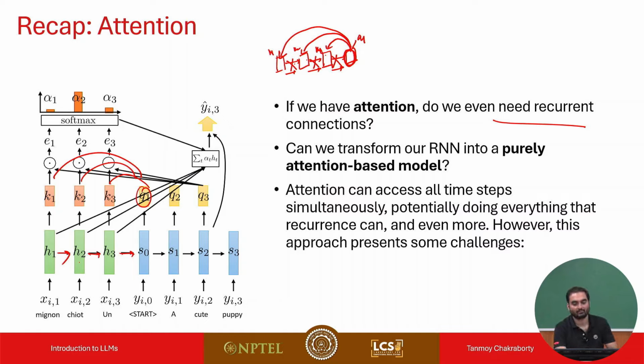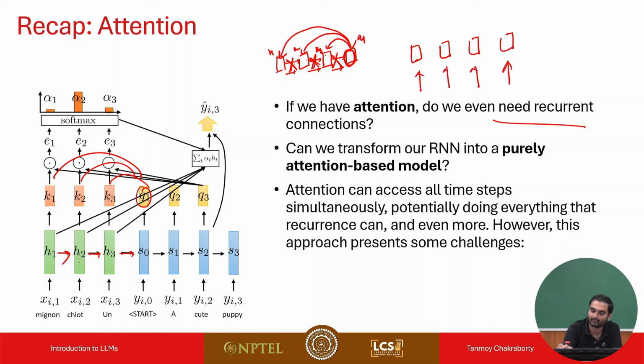Okay, so what we do in the self-attention mechanism is that we remove these dependencies. If we remove these dependencies, now the hidden states look like this, and these are inputs. Now each of the states, let's say this state, can access all the other states.